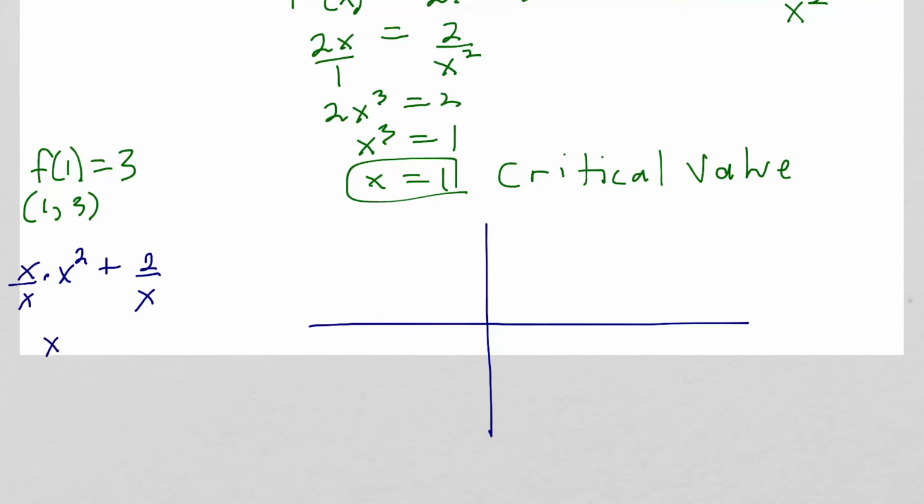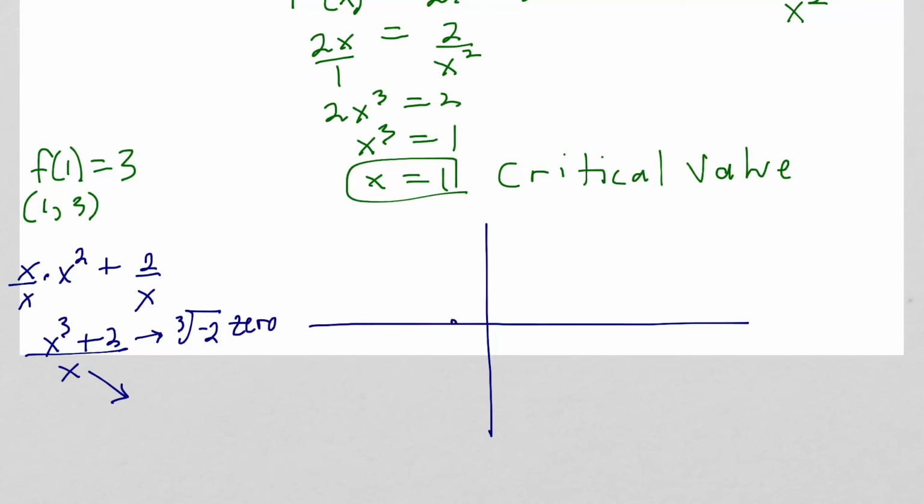So this is x cubed plus 2 divided by x. I can get the zeros from the numerator. So when x cubed is equal to negative 2, I take the cube root of negative 2, and that's my only zero. I've only got one zero, the cube root of negative 2.